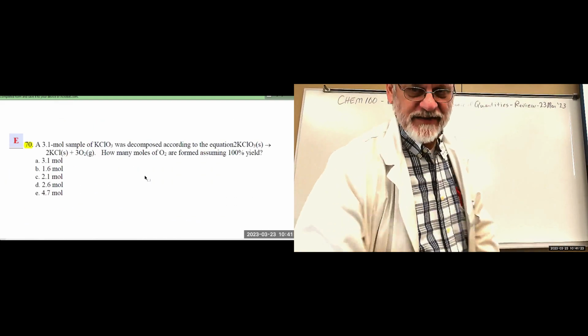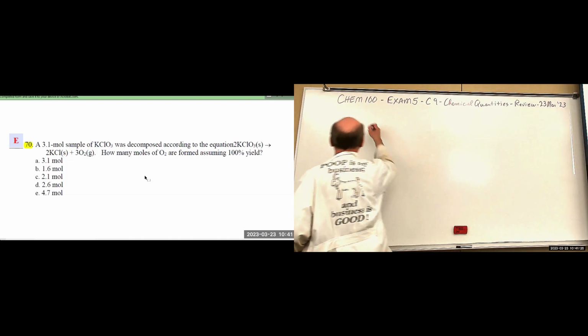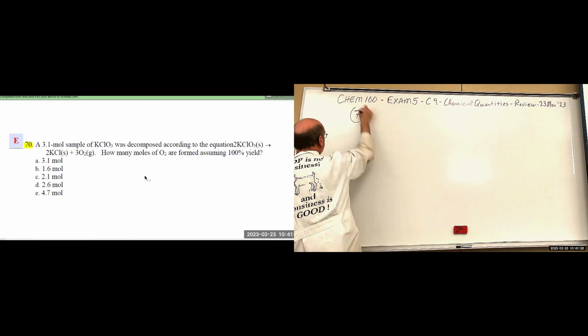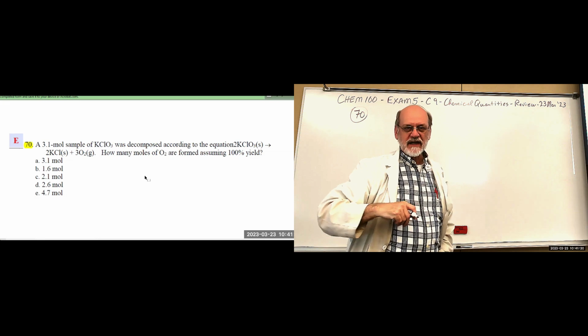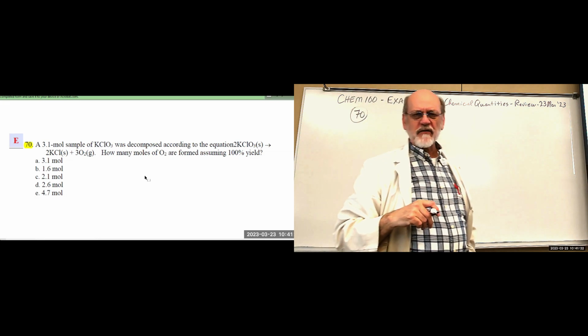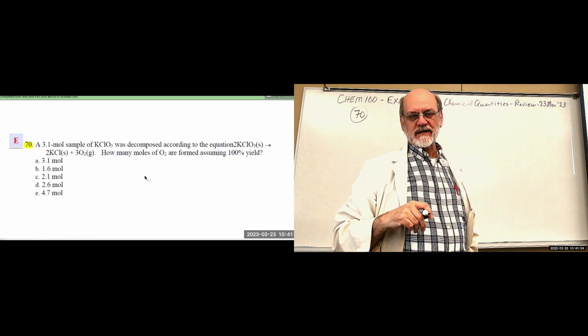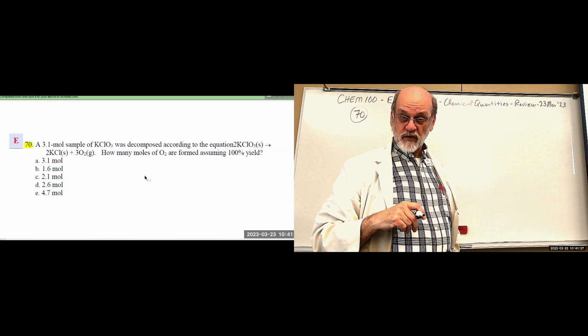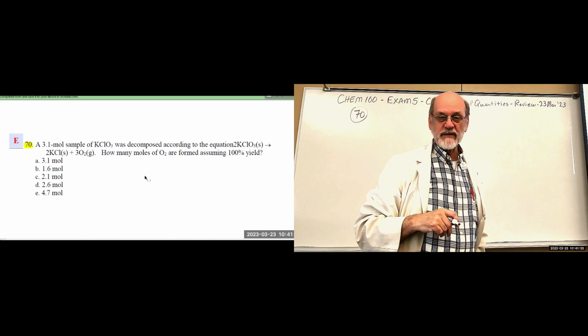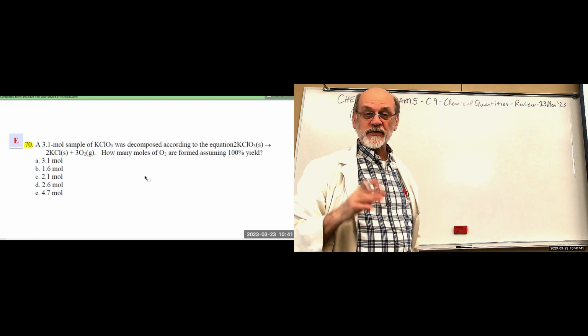All right, how about 70? 70, a 3.1 mole sample of potassium chlorate was decomposed according to this equation. How many moles of oxygen are formed, assuming 100% yield?